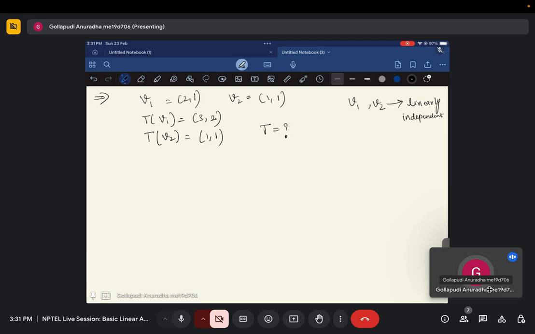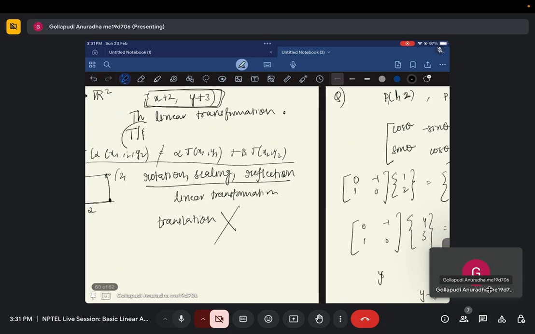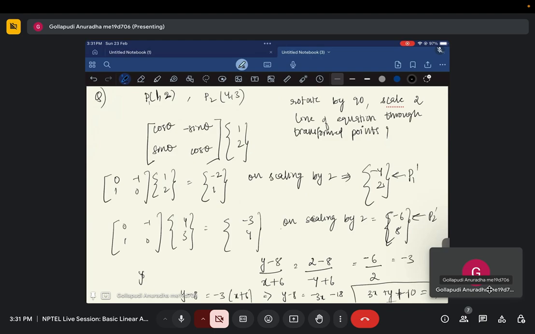Just one thing. I think Atish asked one question about whether the rotation matrix is fixed or not. I think it is fixed when we take it as a counterclockwise rotation. If we take clockwise rotation, that minus sign will change.